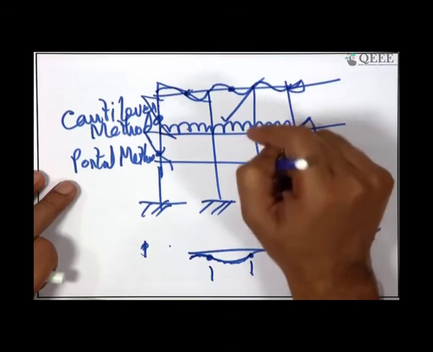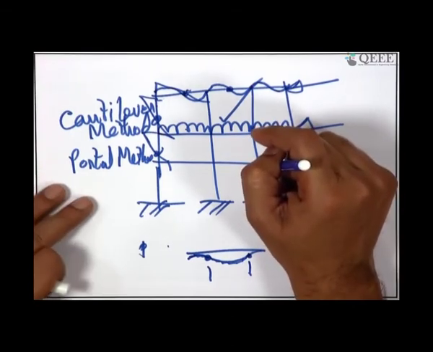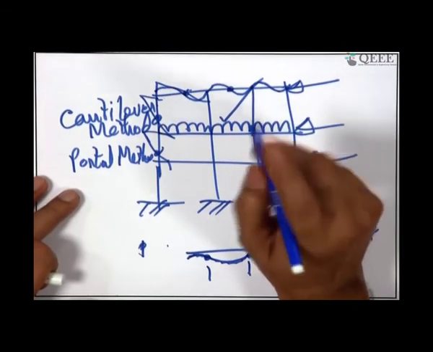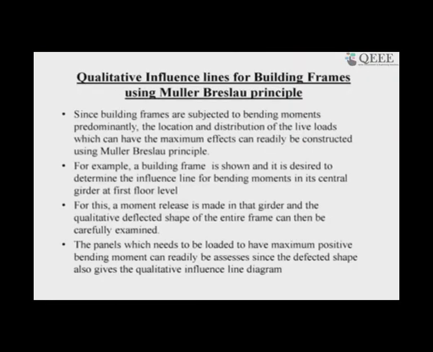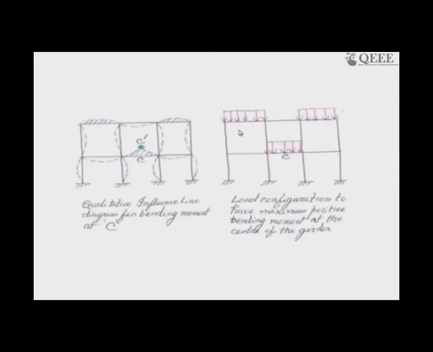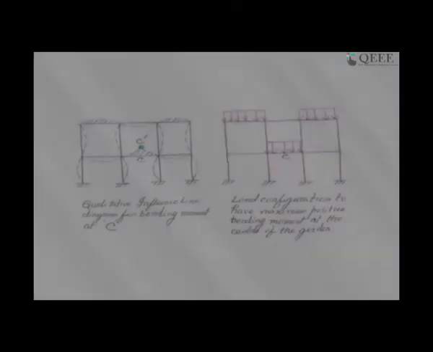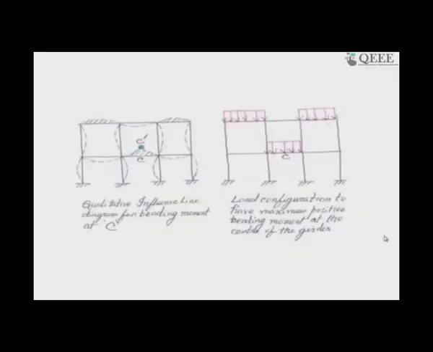If this is your question, I believe I have answered that. But what I have drawn, if you go to my slide, can I see the old slides? Yeah. So, I talked about the application of the Mueller-Breslau principle to draw the influence line diagram, not the bending moment diagram, the influence line diagram for the bending moment at a particular section.